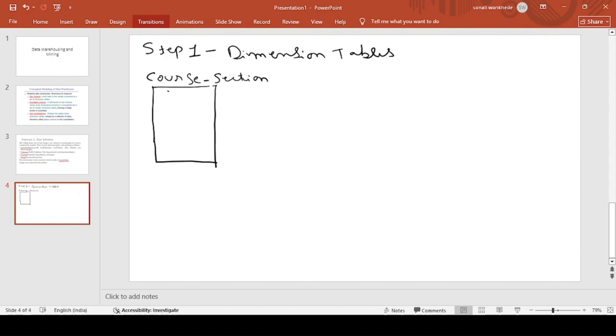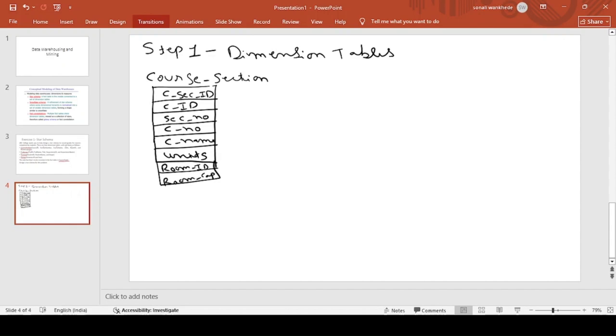It includes various attributes, which include course section ID, then course ID, section number, course number, course name, units, then room ID and room capacity.